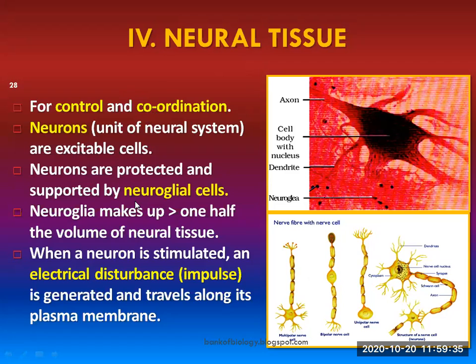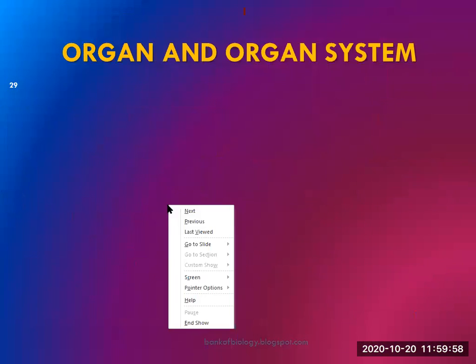Neurons have the property of nervous conduction, and surrounding the neuron we have some neuroglial cells like Schwann cell, oligodendrocyte, astrocyte, ependymal cells, other than the nervous property. We say those are neuroglial cells. The neuroglia make up one half of the volume of neural tissue, more than one half of the volume of neural tissue.